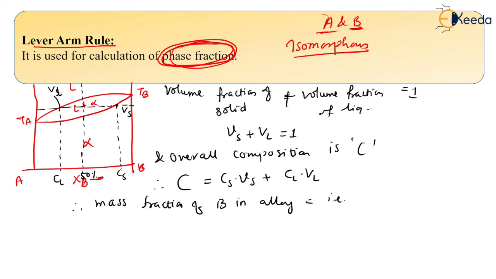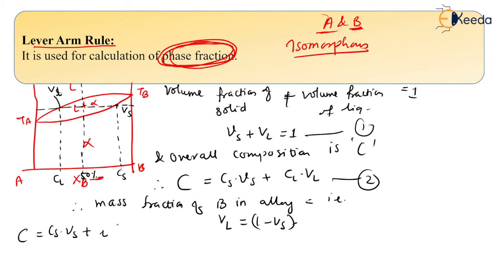From equation 1, Vl will be equal to 1 minus Vs. So put this in equation 2: Vl is equal to 1 minus Vs. So what we will get is capital C equals Cs into Vs plus Cl into 1 minus Vs. So solve this: Cs into Vs plus Cl minus Cl into Vs.